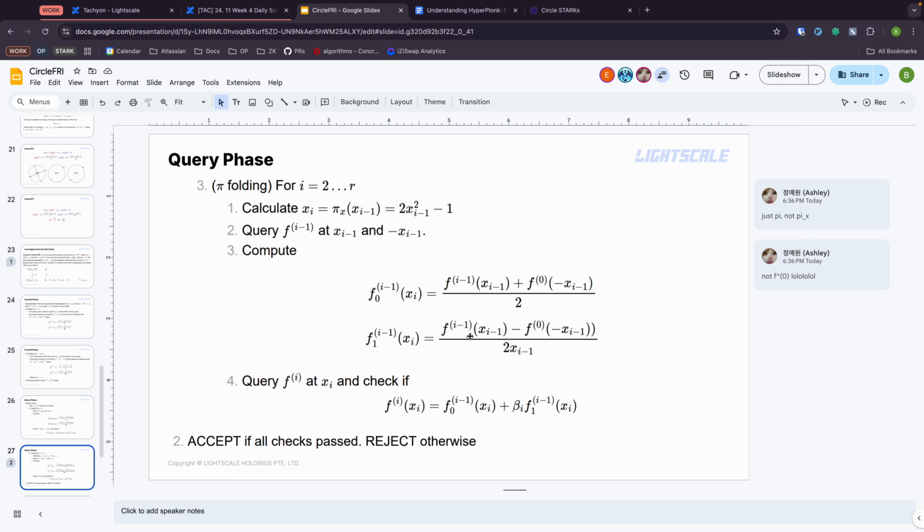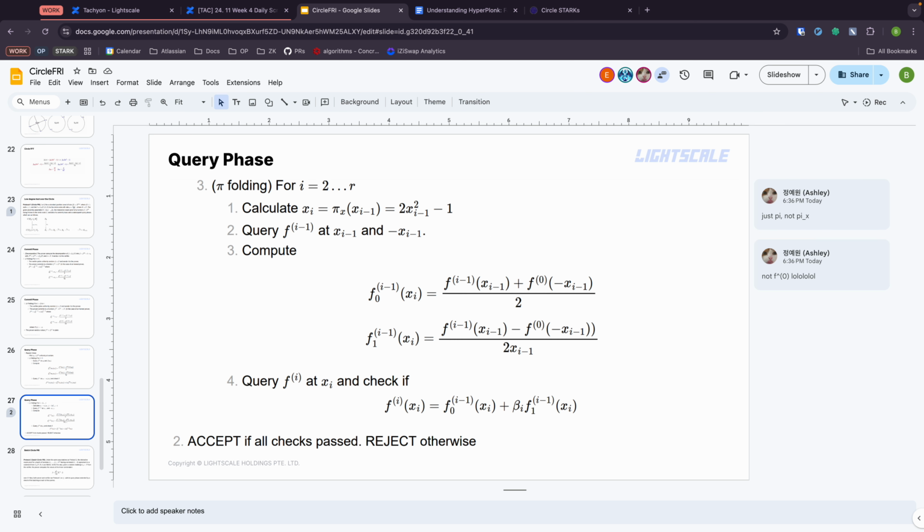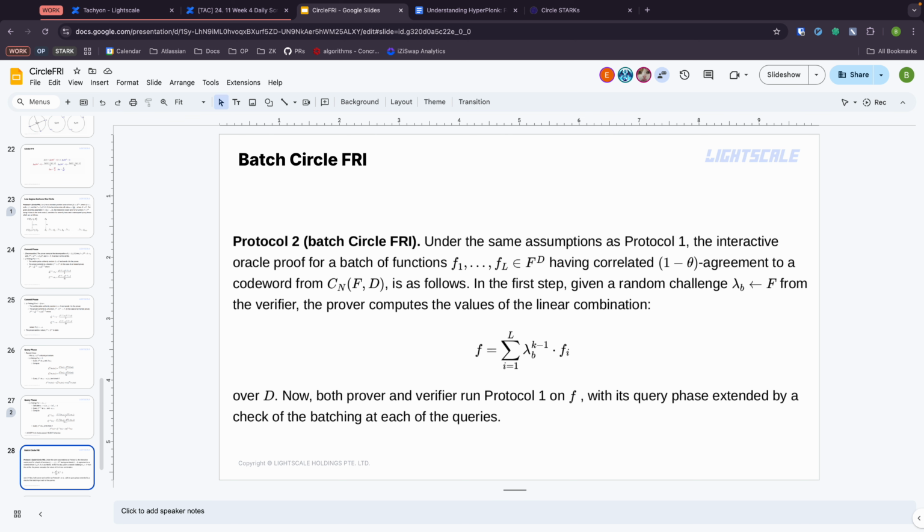Yes, in the query phase we need to verify, we can't just trust. So actually we are just assuming that this is all doing the Merkle check. Okay.